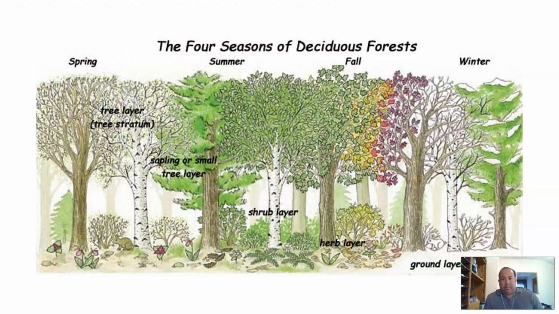What tends to stick out for a lot of people about the northern forest is how amazing and colorful it is when you get to the deciduous part of fall, right before the leaves come off.